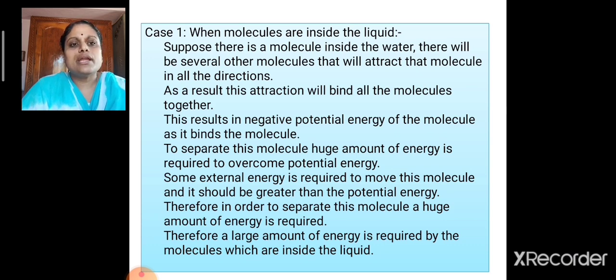So, to separate this molecule, some external energy is required, and it should be greater than the potential energy of that particular molecule. Therefore, a huge amount of energy is needed, and this is required by the molecules which are well inside the liquid.